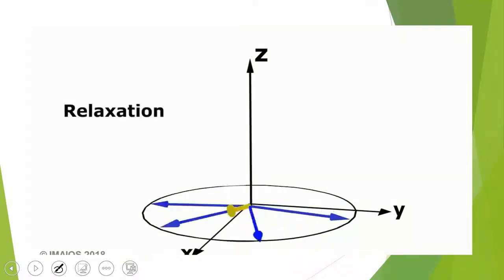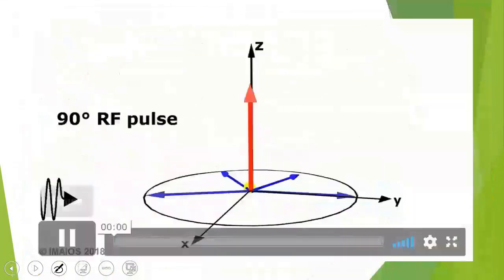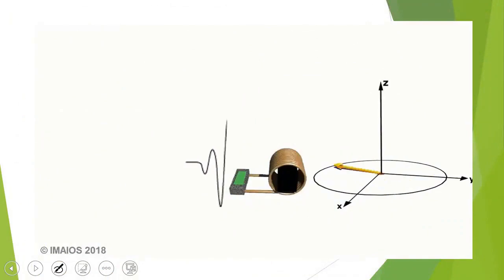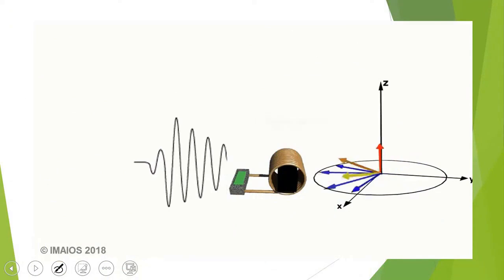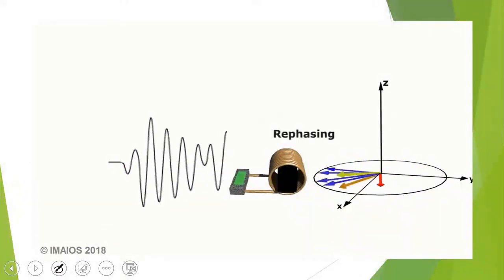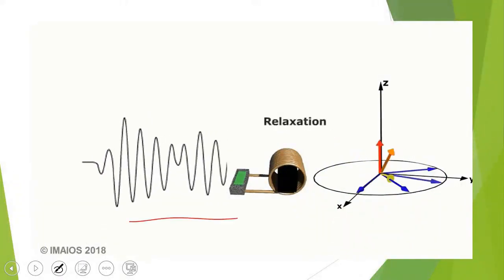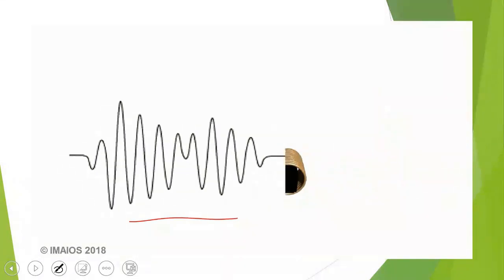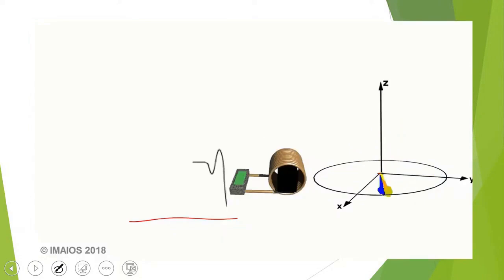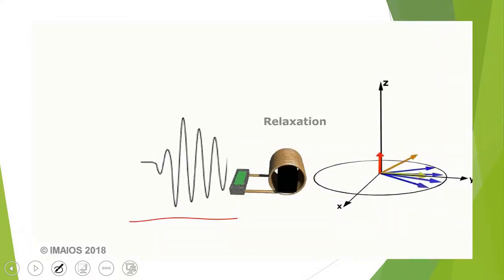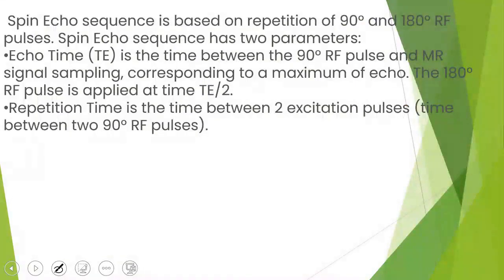We repeat this again and again. This is about the T2 star, or free induction decay. And this is the T2, which is the actual curve that depends on the T2 constant difference between tissues.